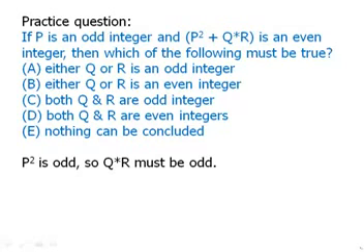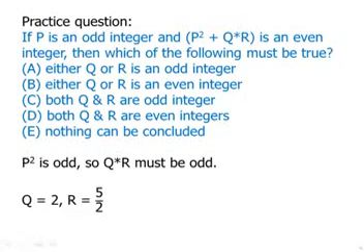Now you may be tempted here to say, okay, that must mean Q and R are both odd integers. But let's think about this. We're not guaranteed that Q and R are integers at all. It could be that Q and R are both odd integers, but it could be also that Q is, for example, an even number and R is a fraction.